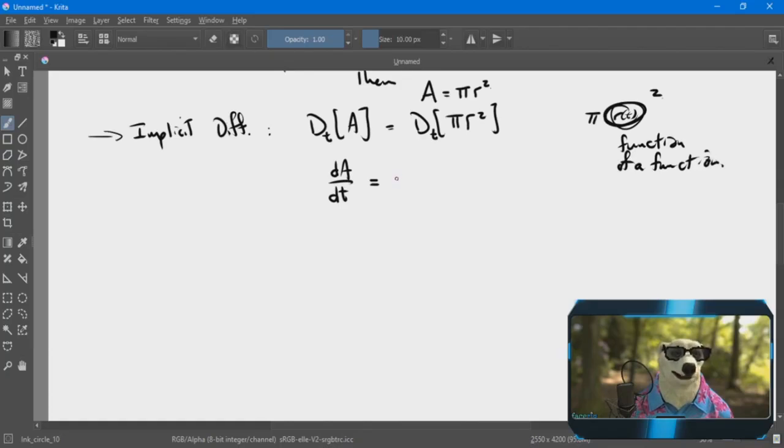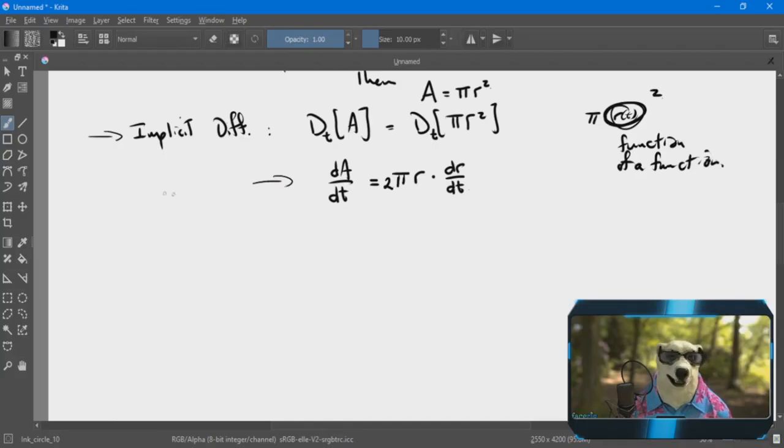So the derivative of the outside function is, well, the 2 goes in front of the pi just to look nice, and then r to the 1, but we don't write the 1, times, says the chain rule, the derivative of the inside function, which was just the r function, so I'll write dr dt, though any version of the derivative of r would be fine.